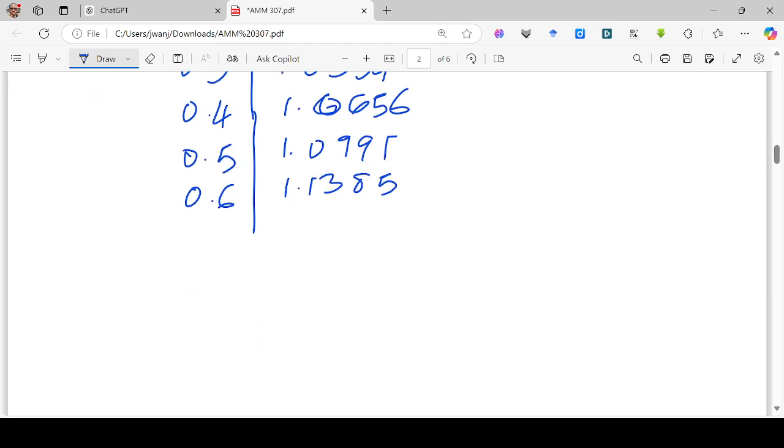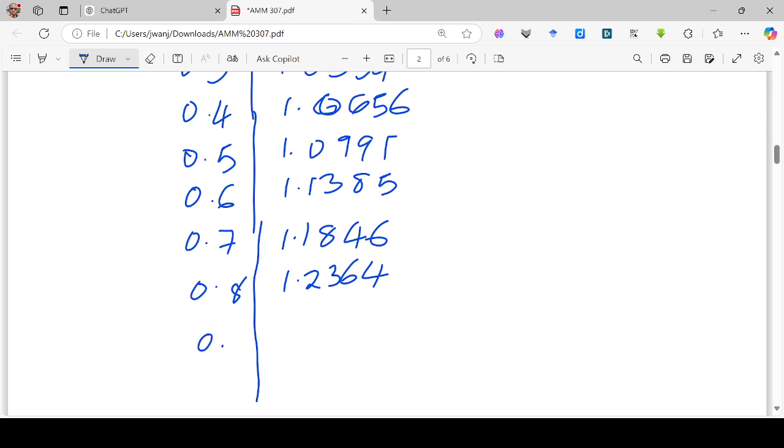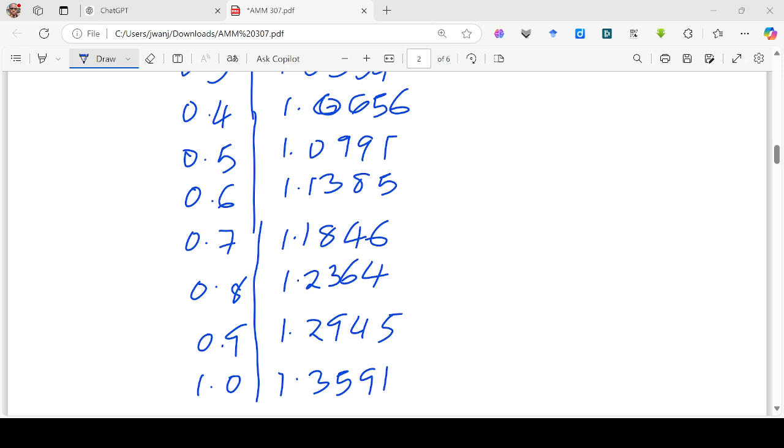When x is 0.7, the value of the function is 1.1846, and when x is 0.8, the value is 1.2364. For 0.9 we have 1.2945, and for 1.0 the value of the function is 1.3591.